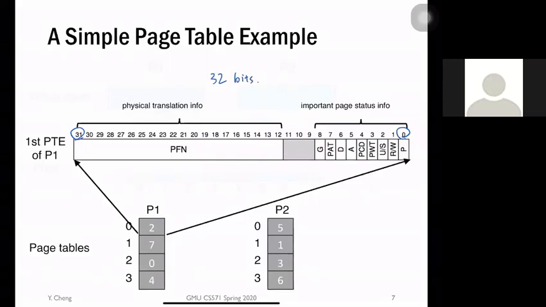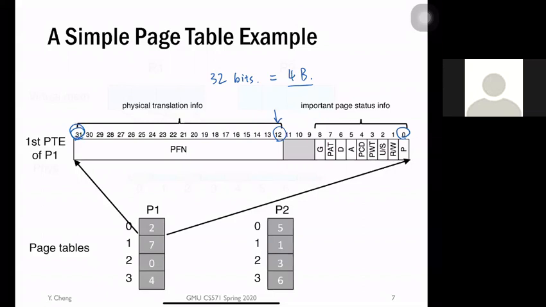Which means each page table entry for P1's page table is 4 bytes. So to further look into the page table entry, the high bits start from bit number 12 all the way to the highest bit, which is bit 31.